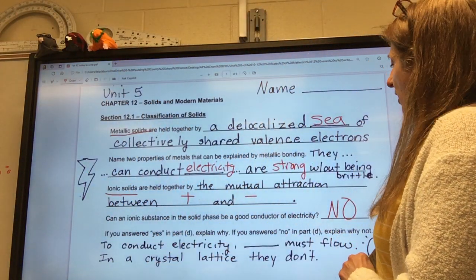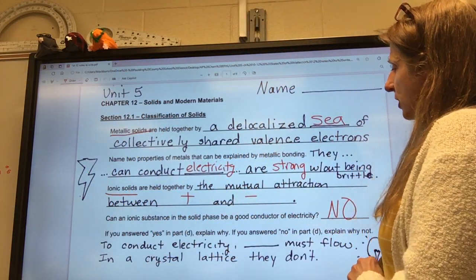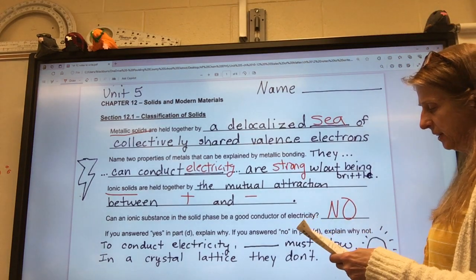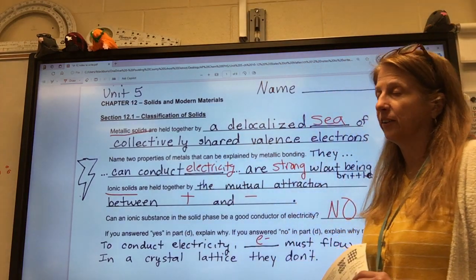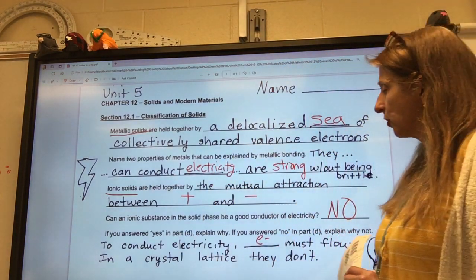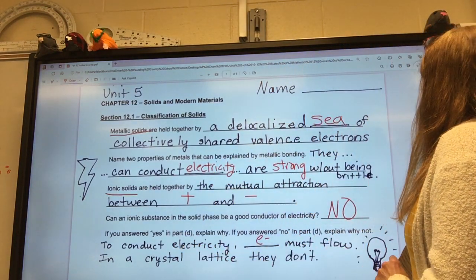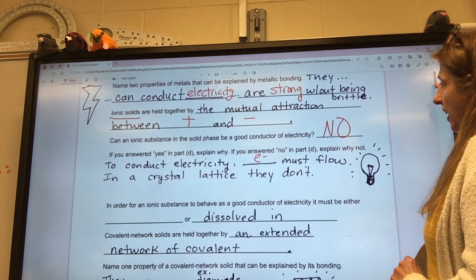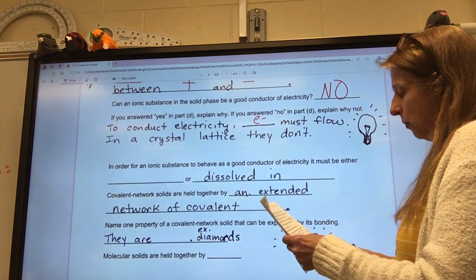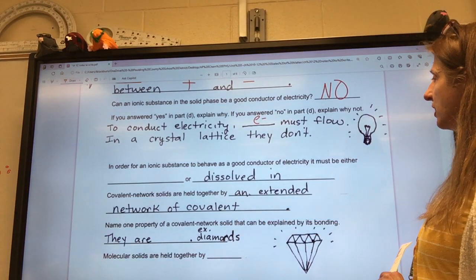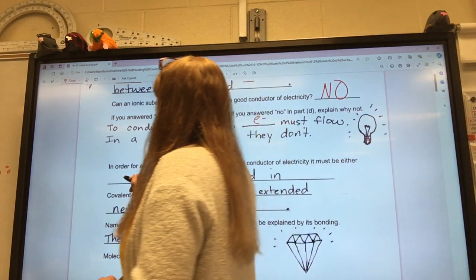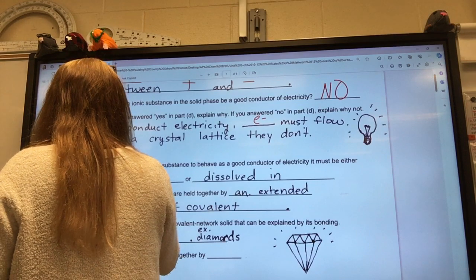Okay, so no. To conduct electricity, your electrons or ions must be able to flow. In a crystal lattice, they can't. They're all stuck. So they have to be dissolved in water or something like that. In order for an ionic substance to behave as a good conductor of electricity, it must be molten, which means you melt it.